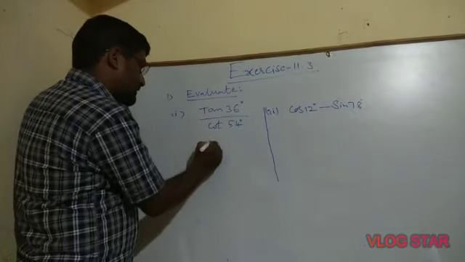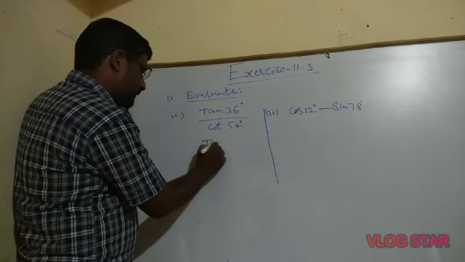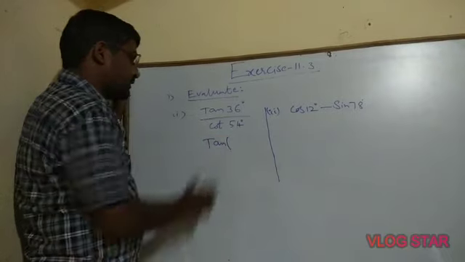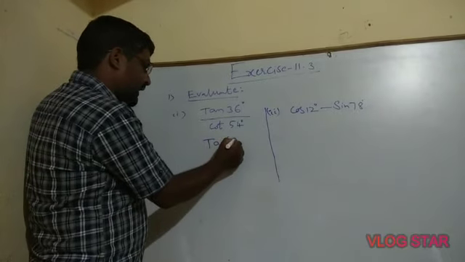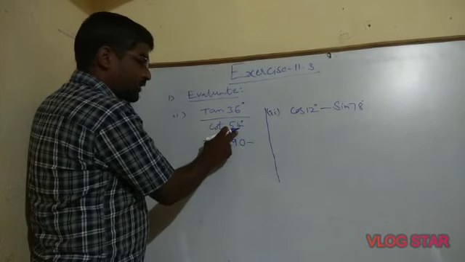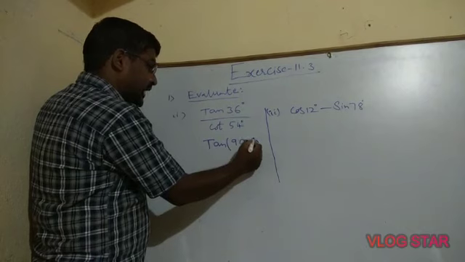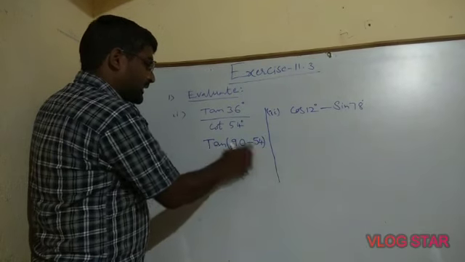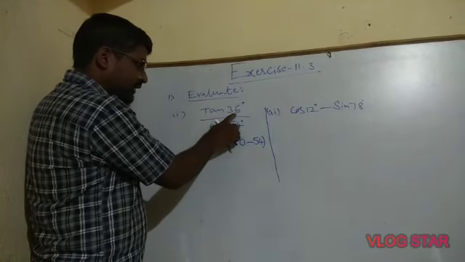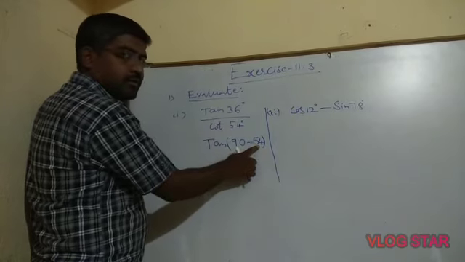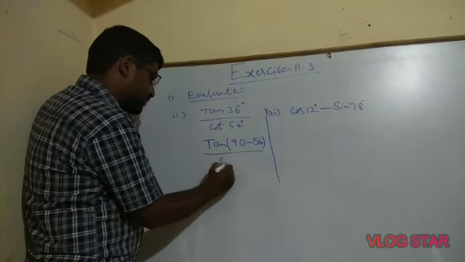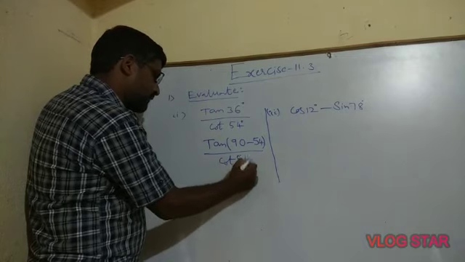Tan 36 degrees: we can write 36 as 90 minus 54. So write tan of 90 minus 54 in the numerator, and the denominator stays the same. Don't change the denominator, that is 54 degrees.